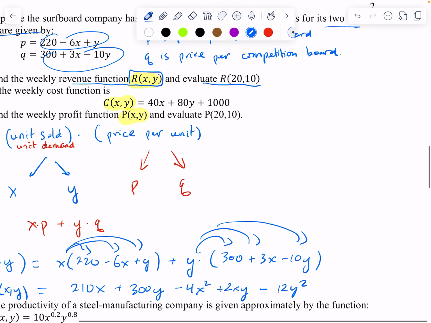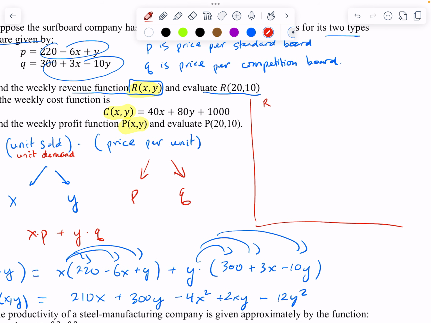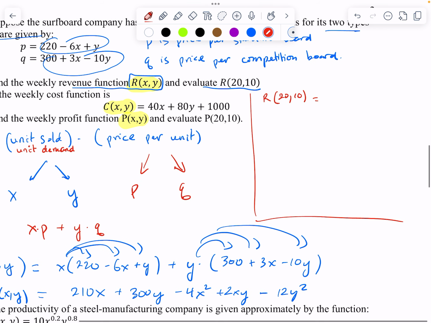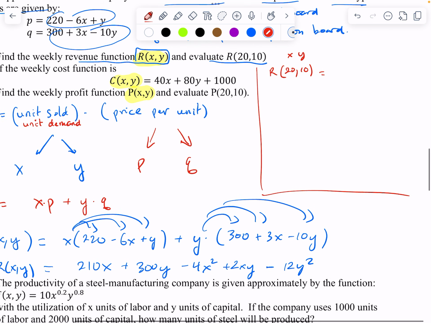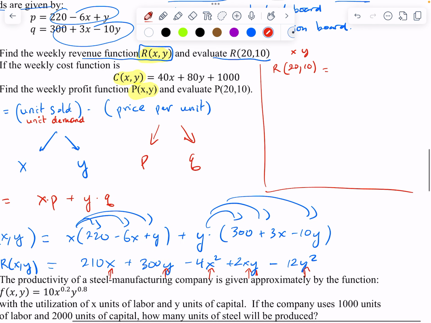And if we want to evaluate R of 20 comma 10, we plug those values in. Remember, this is your x, this is your y. We plug those values into x and y and evaluate for the answer.